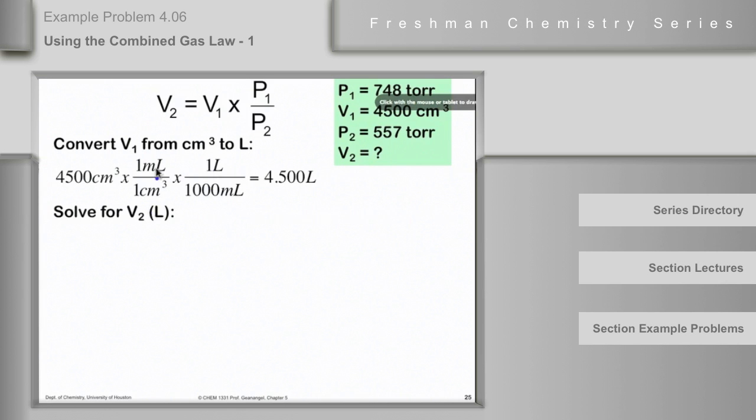So now we're going to solve for V2. V2 will be equal to V1 in liters, 4.500 liters, times P1, 748 torr, divided by P2, which is 557 torr.